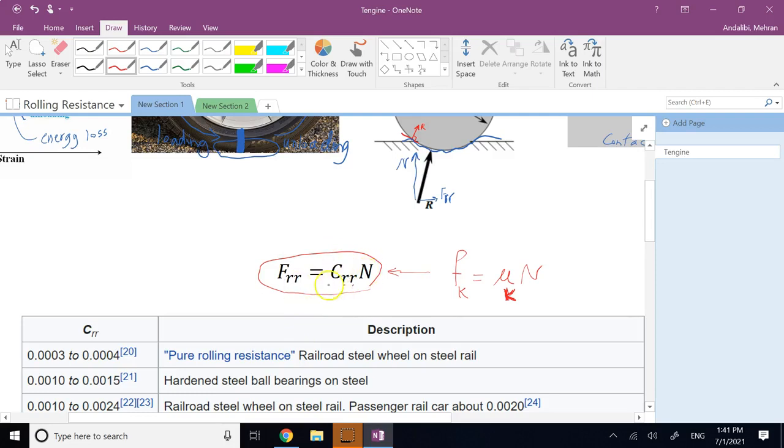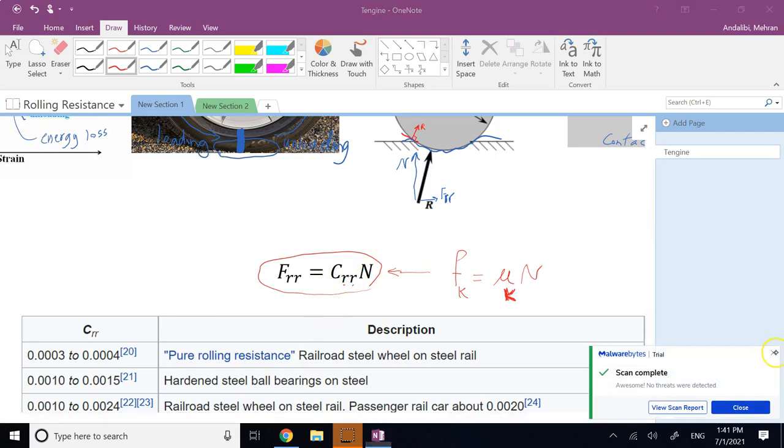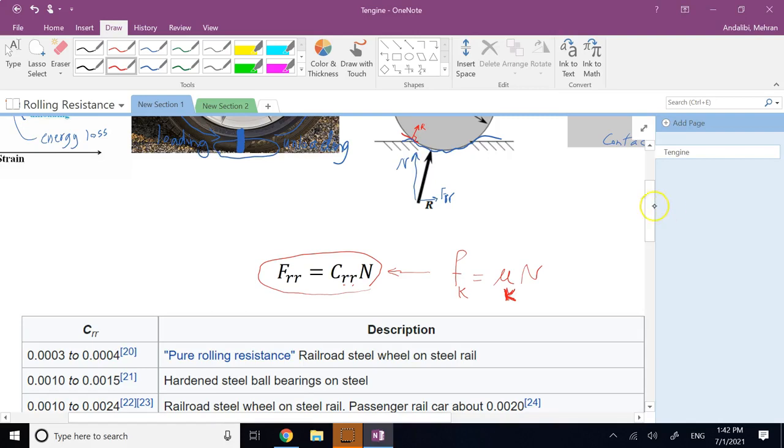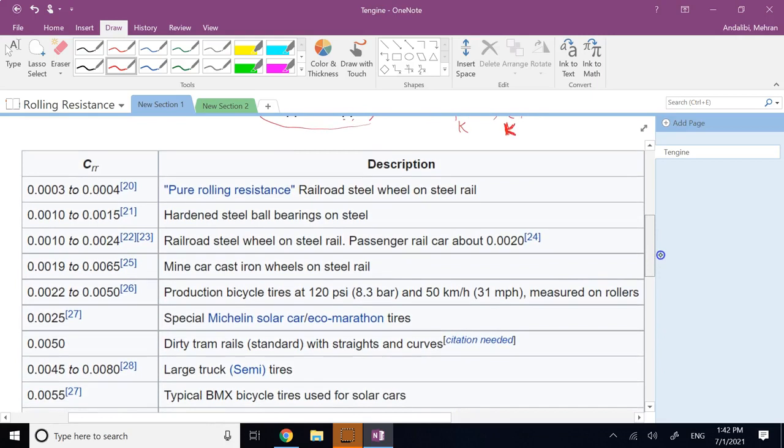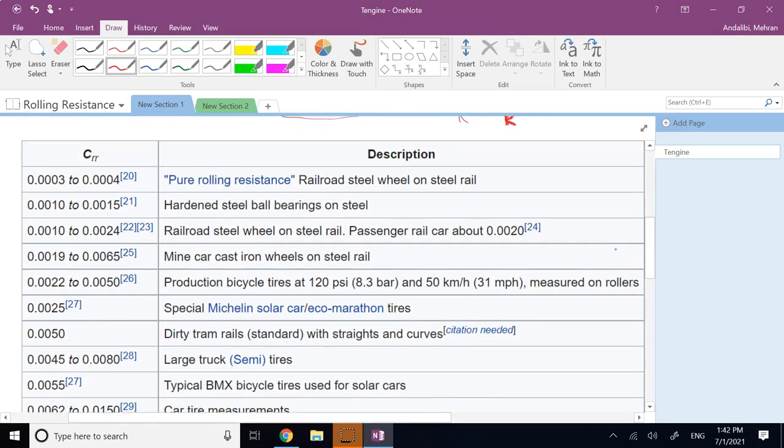Now, this is an experimental formula, and C_RR is experimentally determined for some specific types of contacts, and it has its own limitations too, and it's not perfect. It's not applicable to all sorts of conditions. But if you look here at this table, which I got from Wikipedia, for example, it says C_RR for pure rolling resistance of a railroad steel wheel on steel rail.